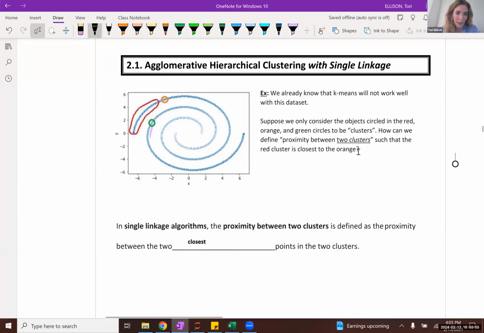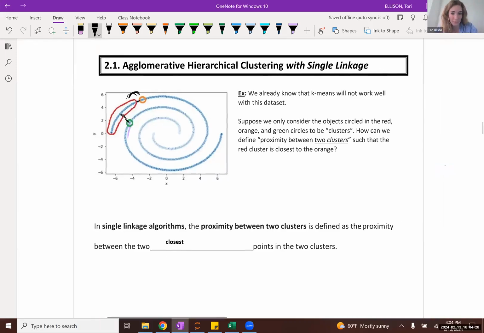So if we define cluster proximity or distance that way, you can see that the red and the orange cluster have a distance of this, whereas the red and the green cluster have a distance of this. So if these are two potential clusters in a given iteration of the algorithm, the red and the orange are going to join because they're considered closer than the red and the green. So this is basically what we want here.